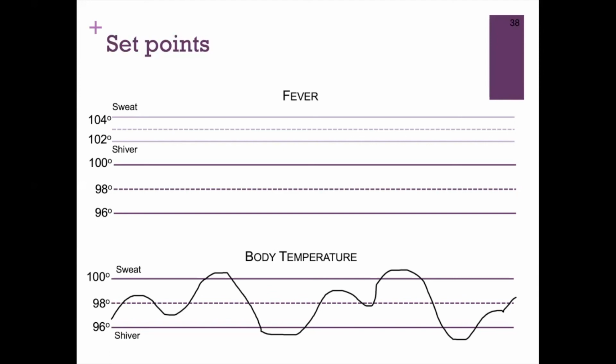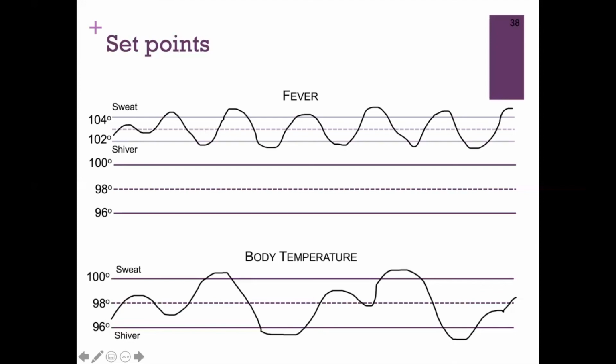So it's reading it as if there's an error between what it wants to be at and what it is, and it's erring on the side of saying, I'm too cold. So what do I need to do? Well, then I start to shiver. I shiver until I can get up to this range, and then I will navigate this range around this particular set point.